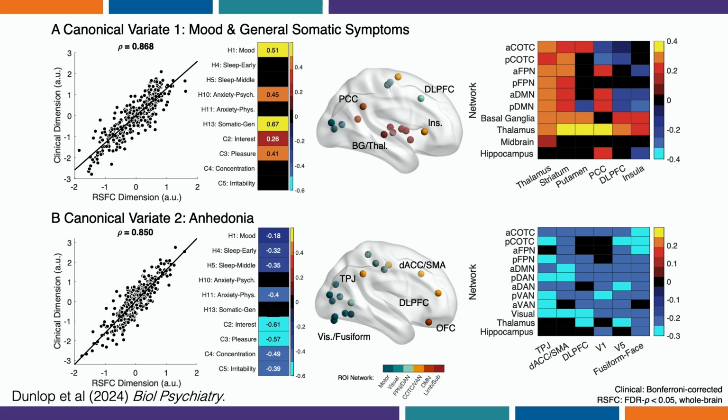Rather surprisingly, it had top regions in higher order visual areas, such as the fusiform, as well as a cingulo-opercular network and posterior regions related to that, such as TPJ, dorsal ACC, dorsolateral prefrontal cortex, and some more canonical reward processing regions like the orbitofrontal cortex.